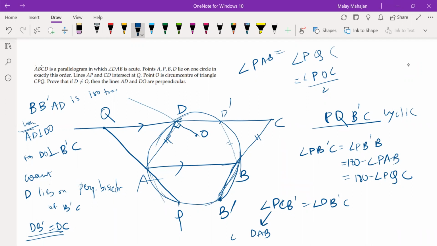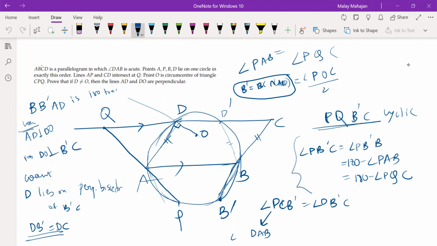I'll repeat the proof once. We defined B dash to be BC cap this circle. By Reim's theorem, or angle chasing, we get PQB dash C cyclic.